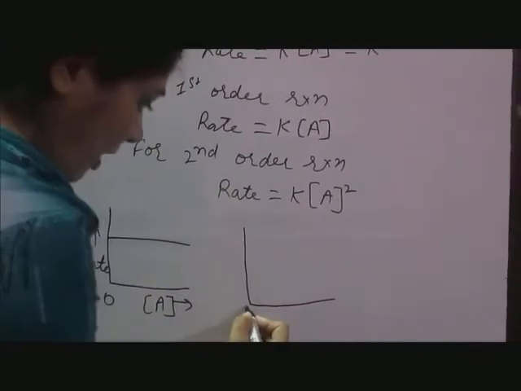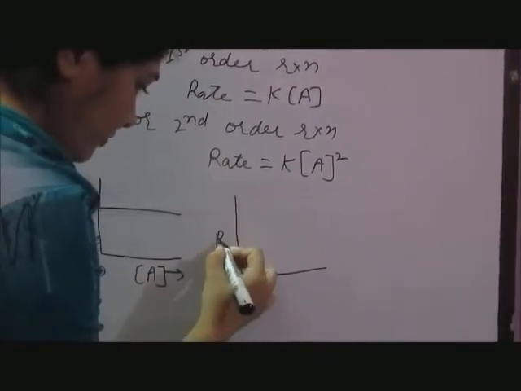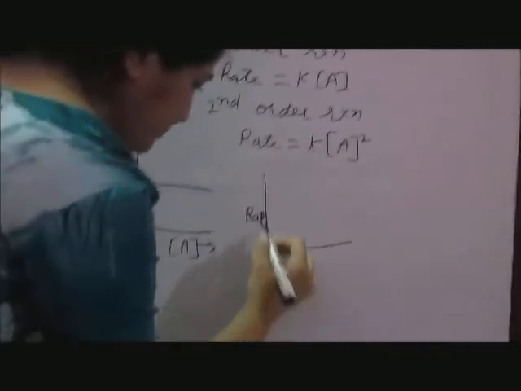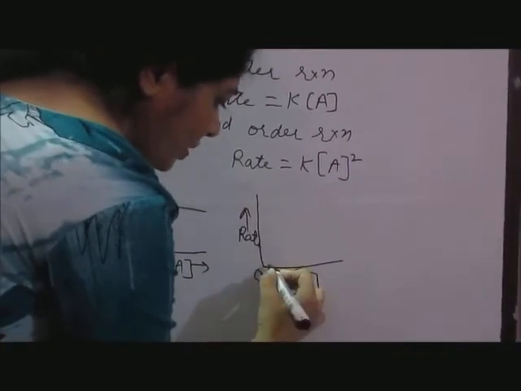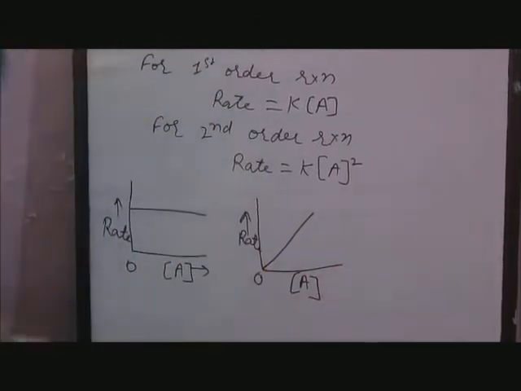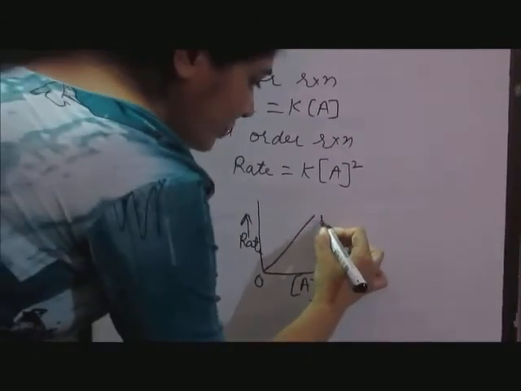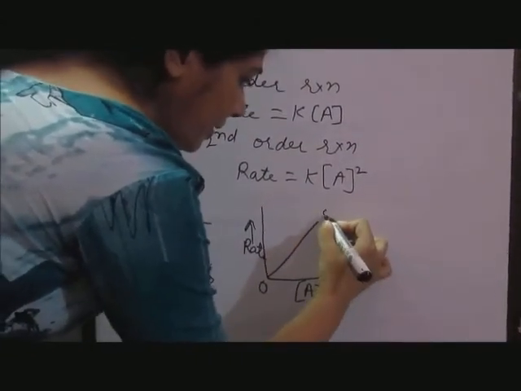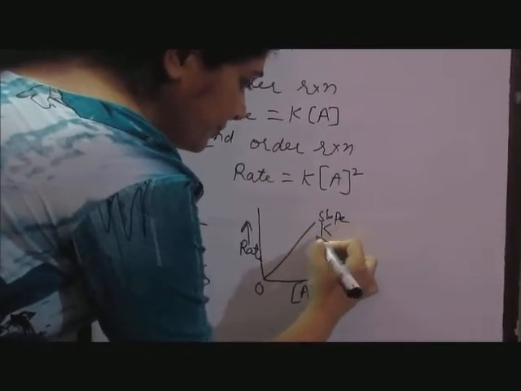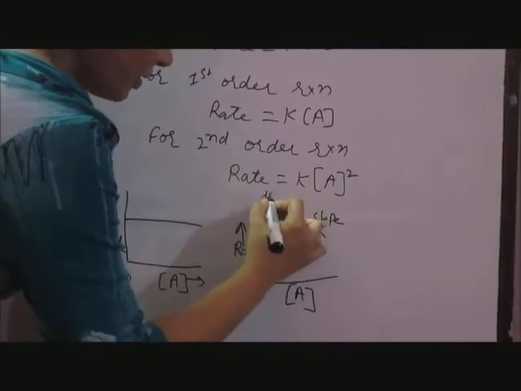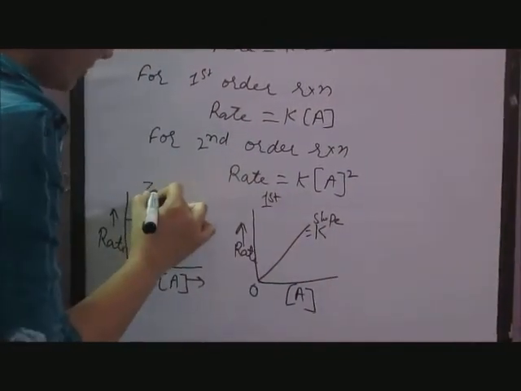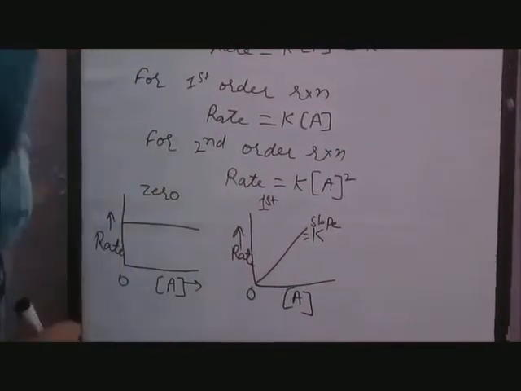If we plot a graph for first order reaction, rate versus concentration, we get a straight line graph with positive slope, that is K. This is of first order and this is of zero order reaction.